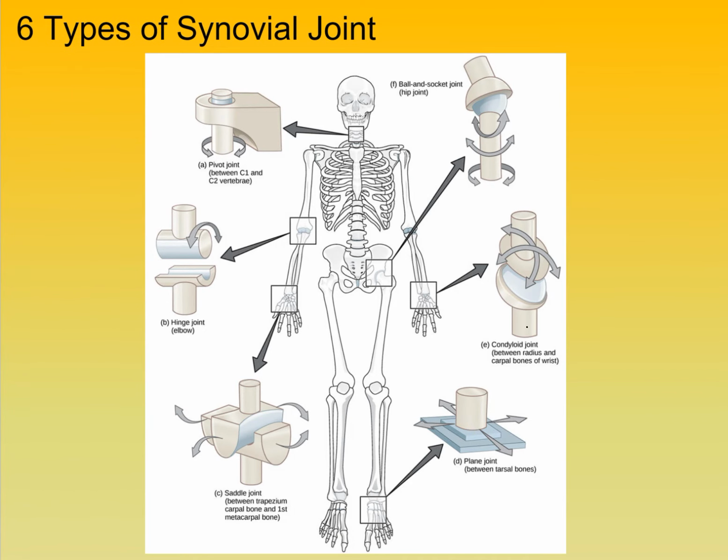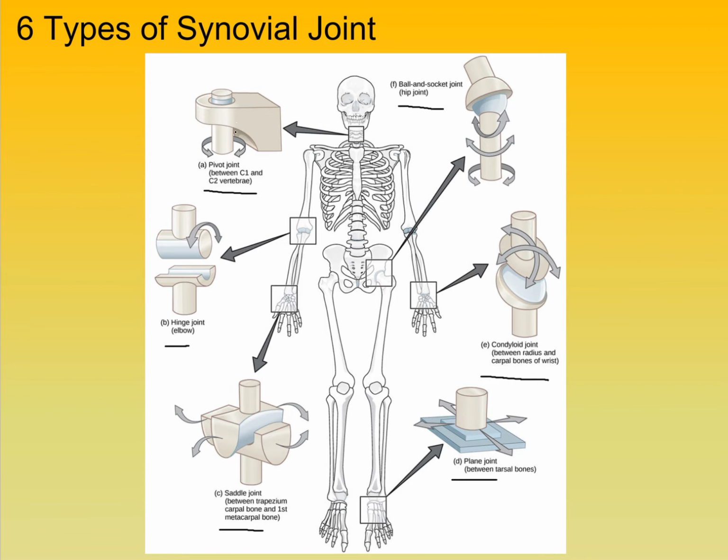Here we have 6 types. This is I think taken from lumenlearning.com, and we've got a pivot joint, a hinge joint, saddle, a plane, a condyloid, and a ball and socket.